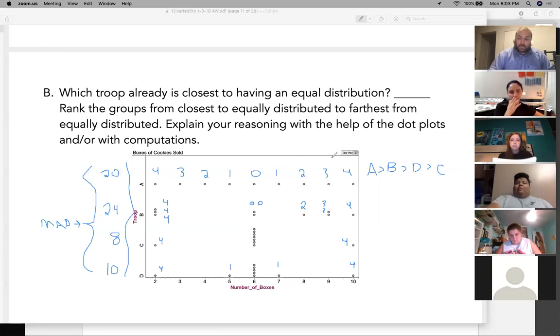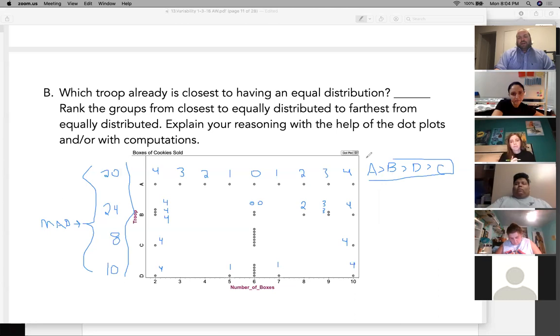No, I get that. But is the thing on the right side of our graph, the A, B, D, C, totally different than what we just said? Why is 24 greater than 20? It's not. Oh, no, that's the distribution.